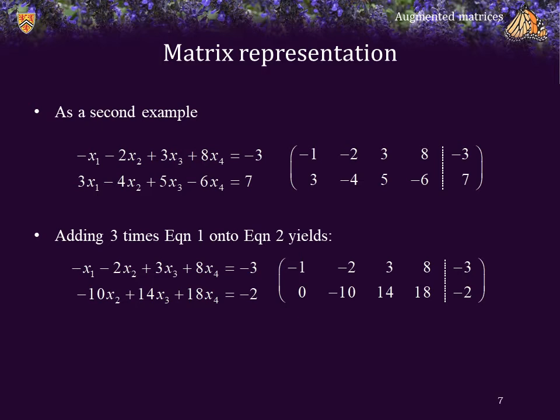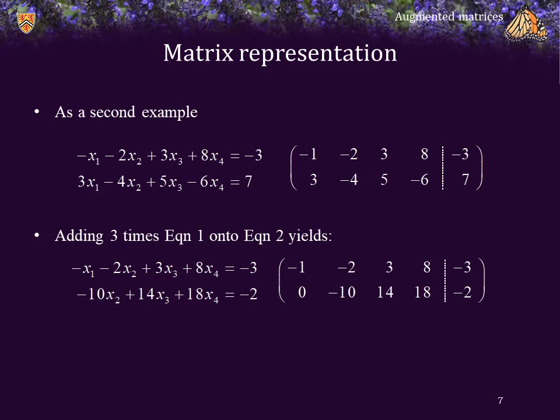Notice again that on the left we observed that there consequently need to be two free variables, say x3 and x4, in which case we can deduce that x2 is equal to 2 minus 1.4x3 minus 1.8x4.